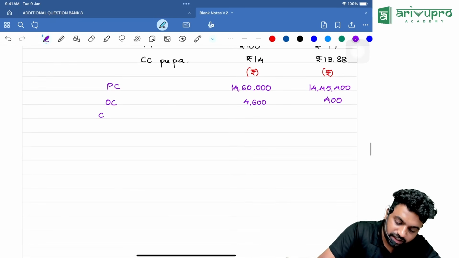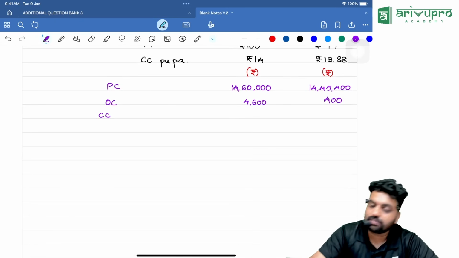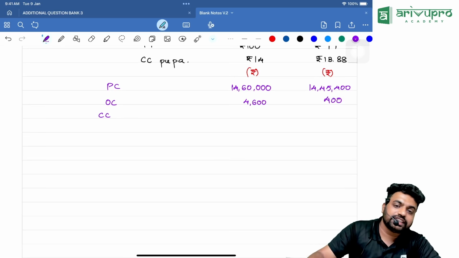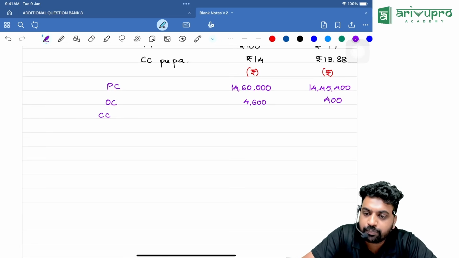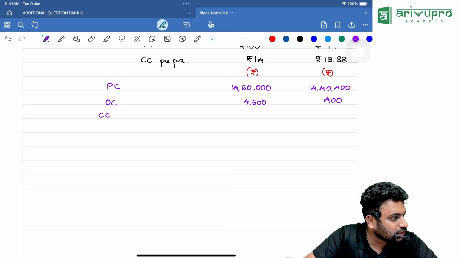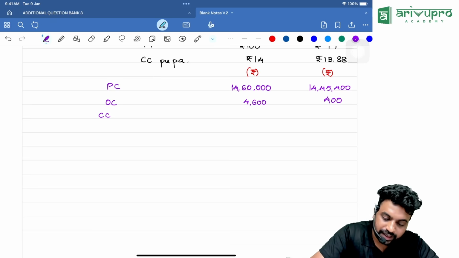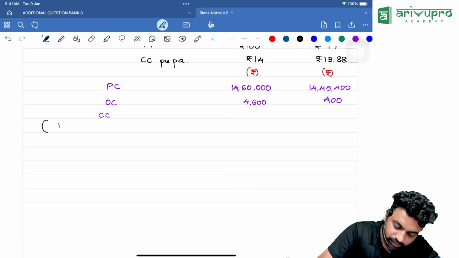Next is your carrying cost. Carrying cost will be nothing but half of order size into carrying cost per unit per annum.